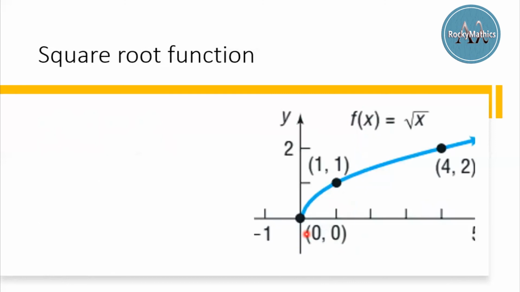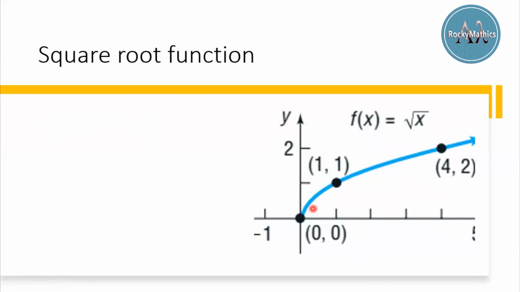Another function is the square root function. This is given by f of x is equal to the square root of x. Now, by looking at the graph, it clearly shows here that the square root function is defined if x is greater than or equal to 0.